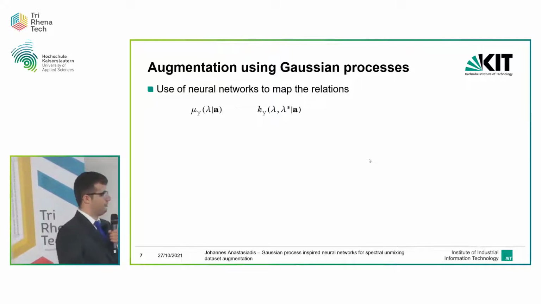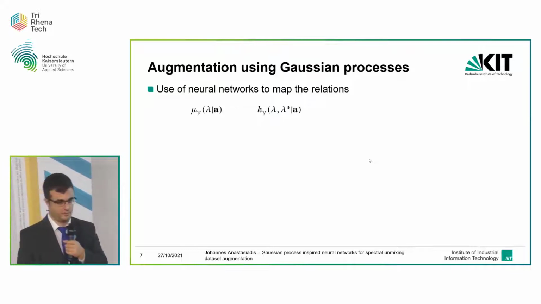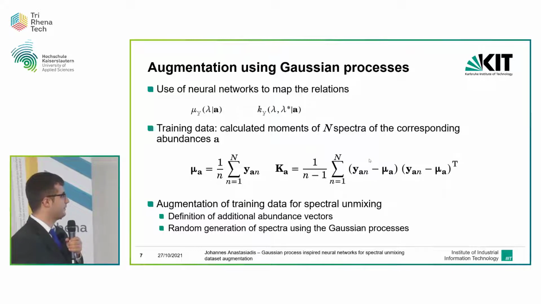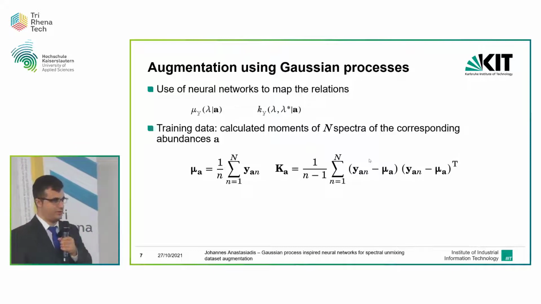And those functions are approximated by neural networks. To get our training data, we take the spectra which have the same abundance vector and calculate the mean vector and the covariance matrices.